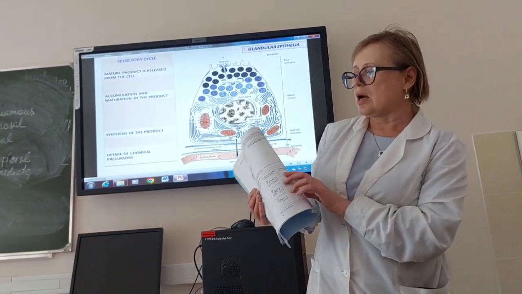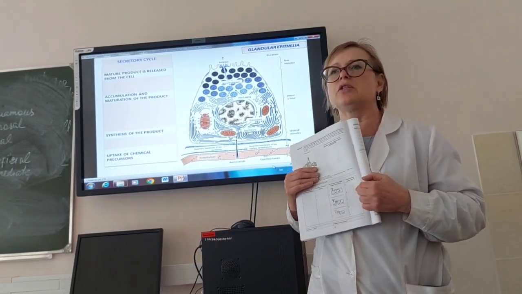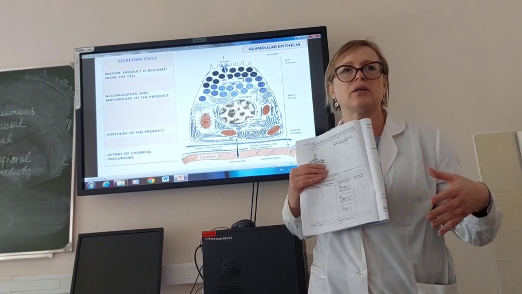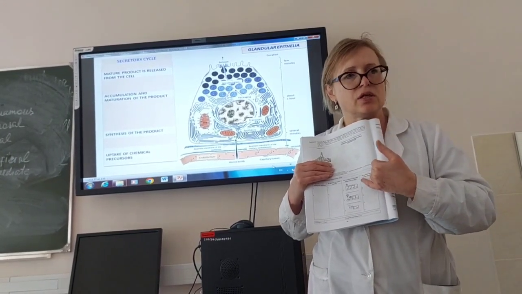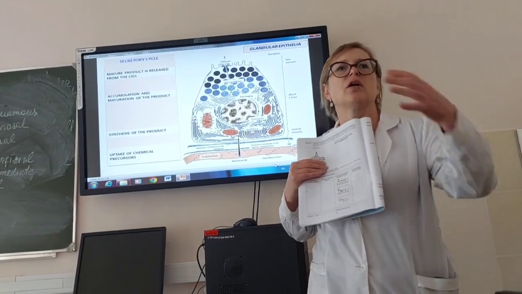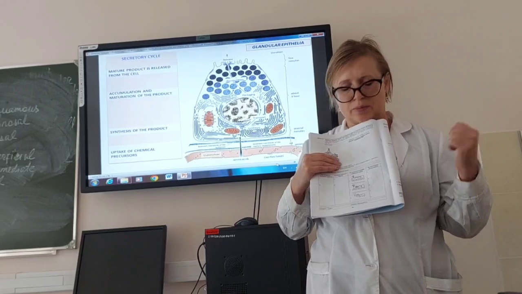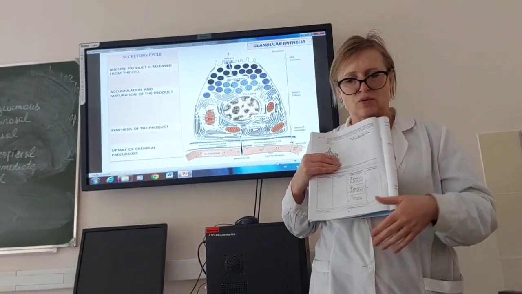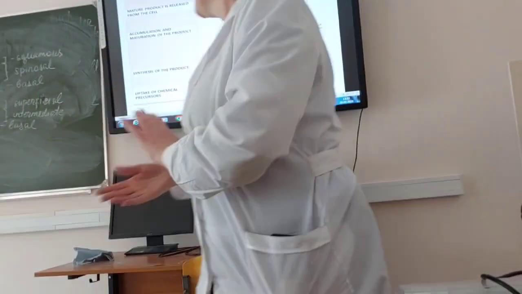And this is the classification according to the chemical composition of secretory granules: protein, serous cell, mucus, water, salt, lipids produce, all this. Is it clear what is necessary to do?